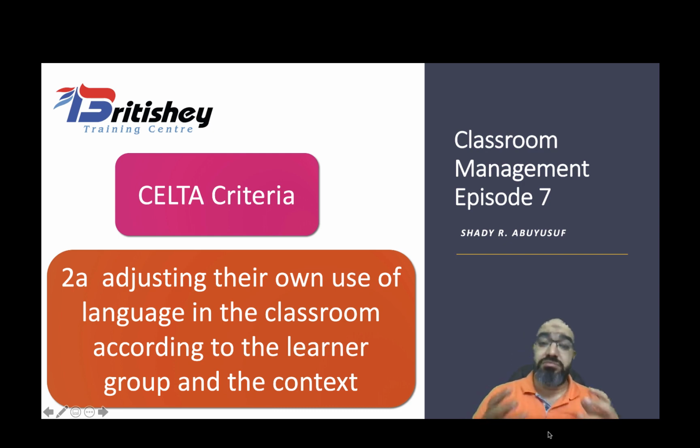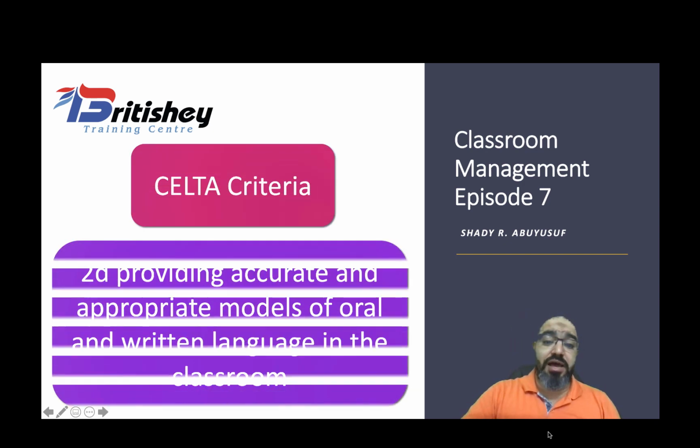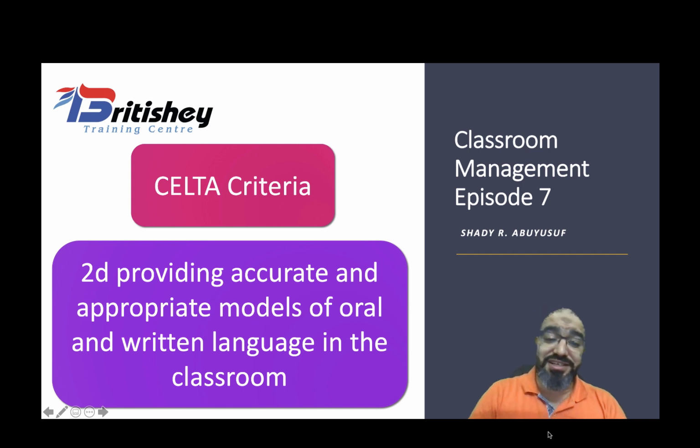And this is about classroom language, adjusting, using appropriate language, adapted language in the classroom according to the level of your students. And another criteria, which is providing accurate and appropriate models of oral and written language in the classroom. So again, classroom language would affect your assessment on professional courses like CELTA, CERT, TESOL, you name it.